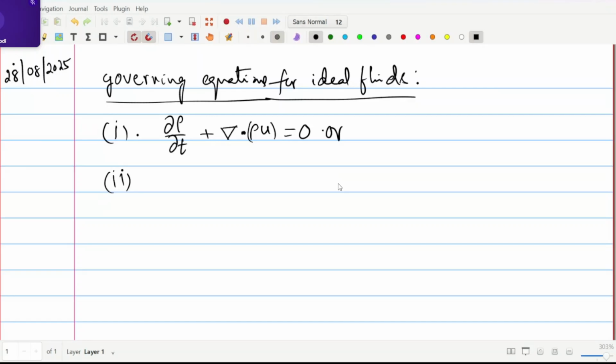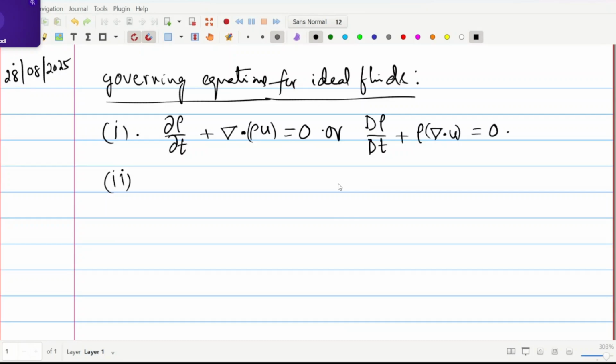In terms of capital D, D rho by Dt plus rho into del dot u, where grad rho into u will be absorbed into this capital D. So this is equal to 0. This is another form.